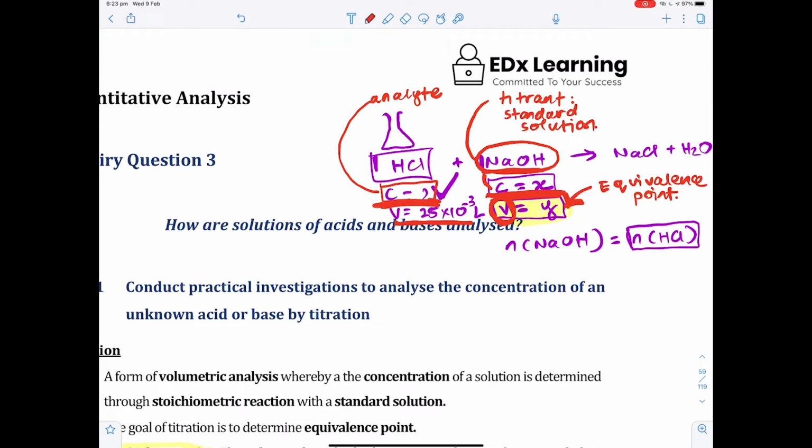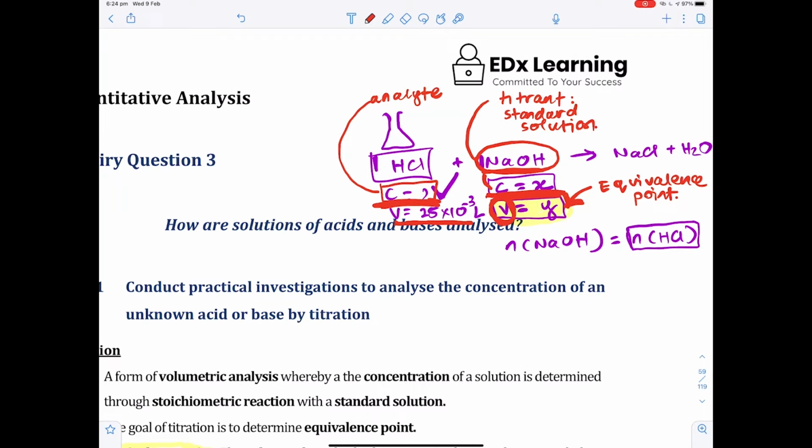Now, again, there's no way to know exactly when these two solutions react because they're colorless. So we do what Mithilesh has mentioned, which is we use an indicator. Everyone, we hope that this indicator changes color exactly when all acid and base has reacted. So exactly when we have that neutralization, we hope that the solution changes color.